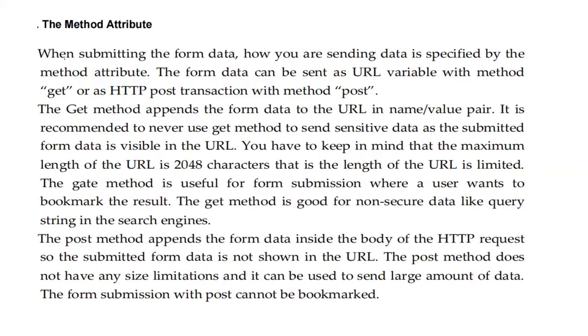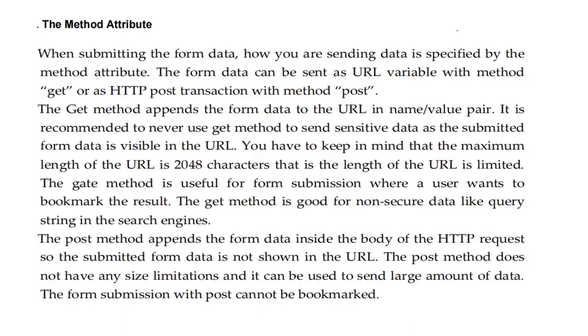Okay, so what the get method does is, whenever you submit your values, your data will be added to the URL as name-value pairs, and then that value will be displayed on your address bar. That will not be the case in the post method.